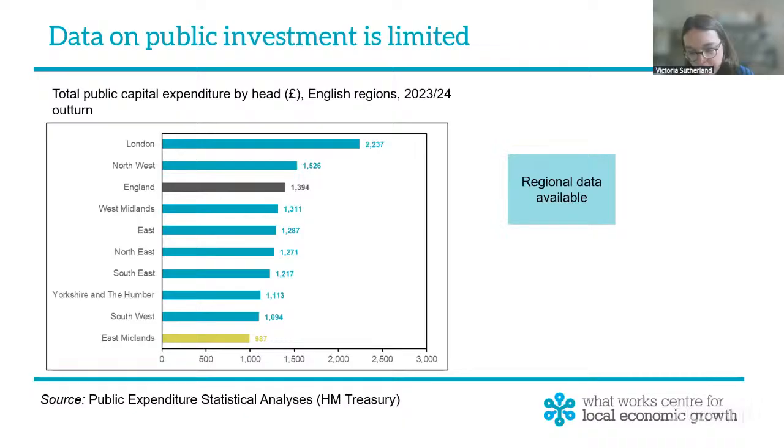But it's really quite granular data. You can get it by sector, and you can get it by type of investment. So is it investment into buildings, or into ICT, or into intangibles? So you get good breakdowns within it. But the challenge is it only looks at the economy as a whole. So it includes business investment and investment by households.